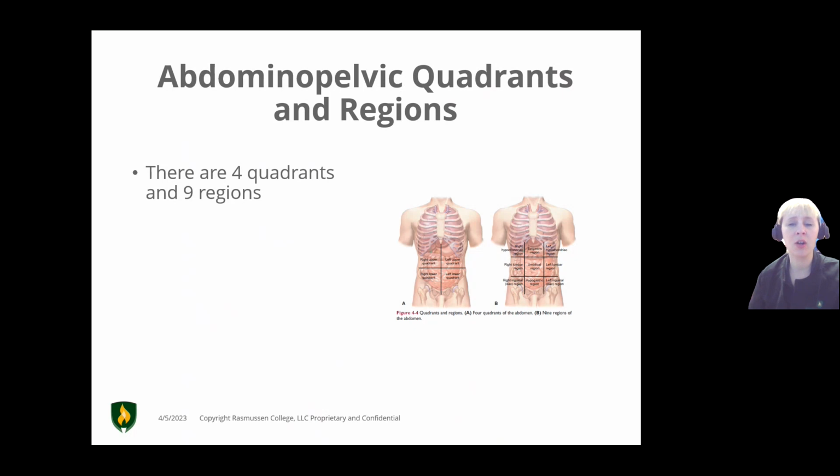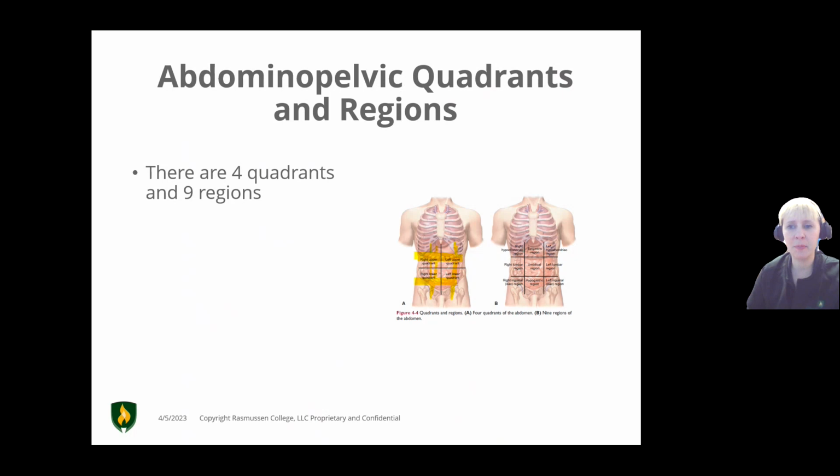The quadrants are called the upper and lower quadrants. So I know this picture is a little hard to see, but what we're looking at is this guy right here. So upper and lower quadrants, and then we have a right side and a left side. So then you have a right upper quadrant, right lower quadrant, left upper quadrant, left lower quadrant.